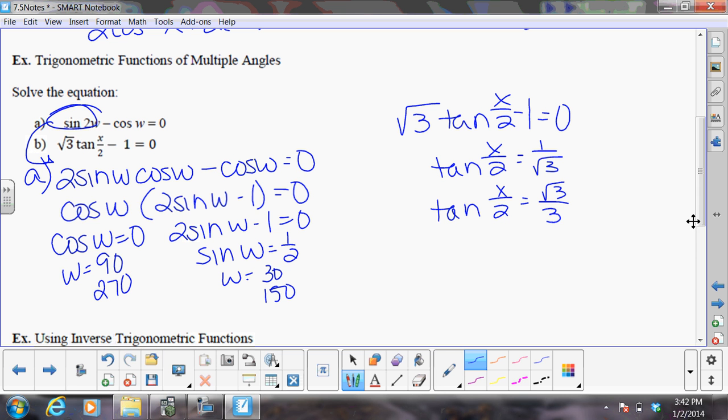So when is tan square root 3 over 3? That's at 30. But that would be quad 1. And then also it would be in quad 3, because it's positive. So if x over 2 is 30, what divided by 2 is 30? Well, x then must be 60. If x over 2 is 210, then what divided by 2 gives you 210? It must be 420.